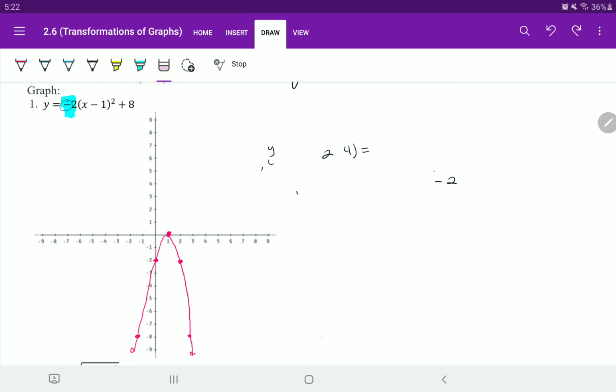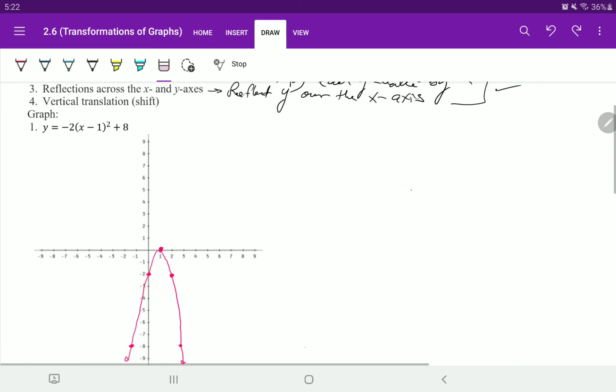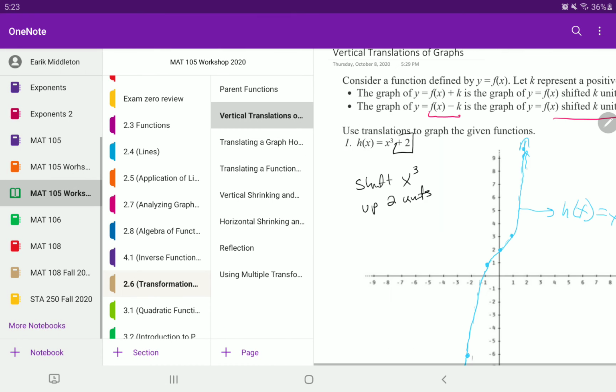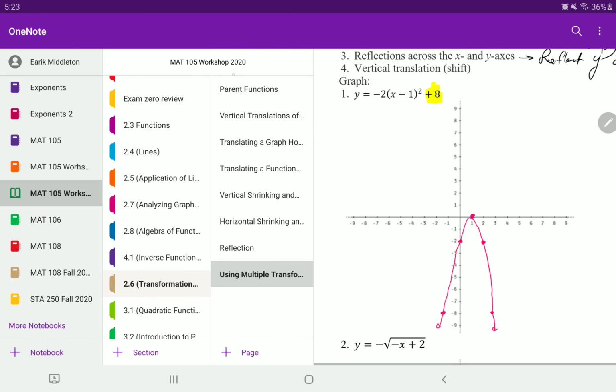Okay. Now we have one more thing to take care of, because we have the +8 on the outside, and that represents a vertical shift. And when there is a value being added to the function, we're going to shift that function upward by that many units.